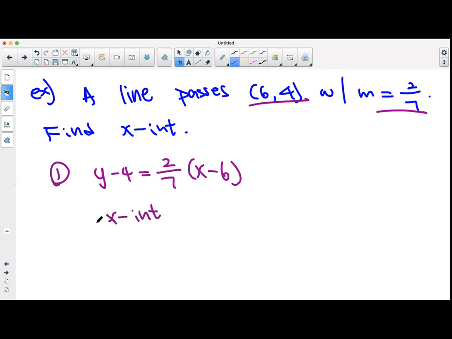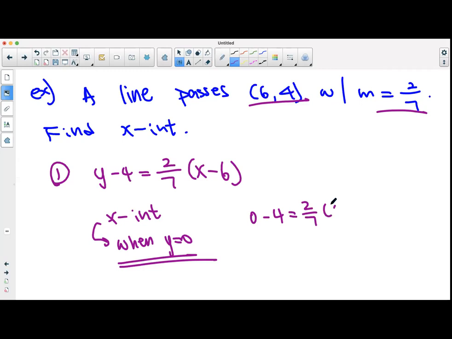X-intercept implies that y is equal to 0. Got it. I'm going to plug in 0 in place of y. I'm not going to finish it, I'm just going to stop in the middle. 0 minus 4 is equal to 2/7 times x minus 6, and then figure out the x value. You could do that. That's one way of doing it, and that is, in fact, a pretty good way as well.